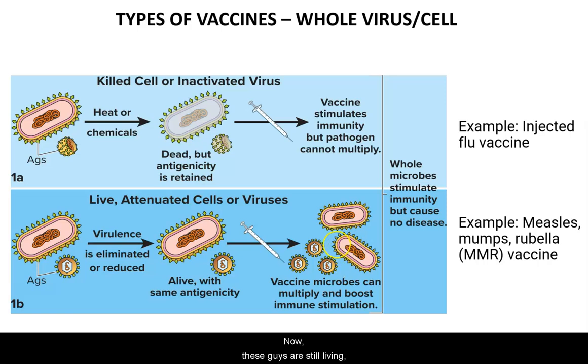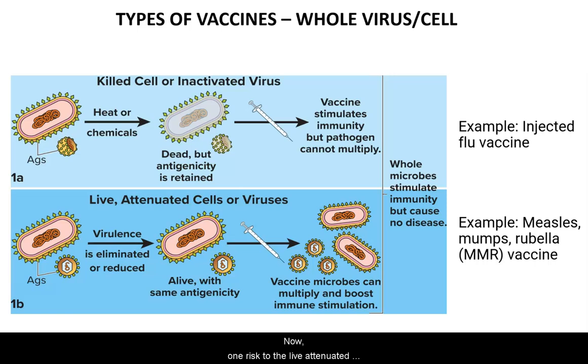Now, these guys are still living, so they can multiply in our body. And the multiplication is going to basically stimulate more immune cells, and that's going to lead to a stronger immune response ultimately. So live attenuated vaccines can result in smaller doses and fewer boosters needed.